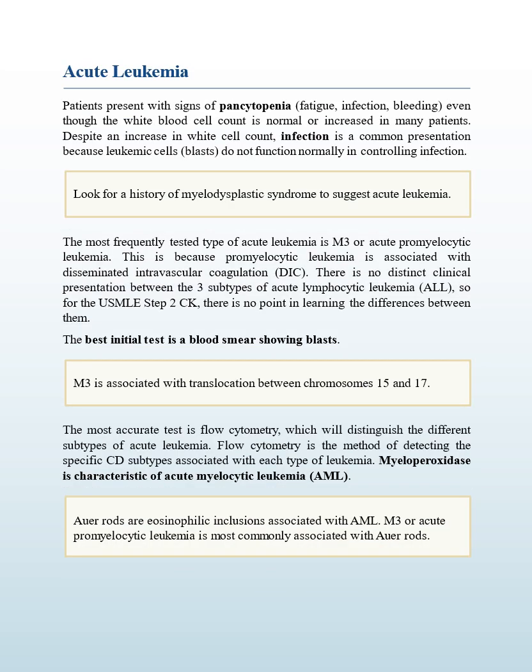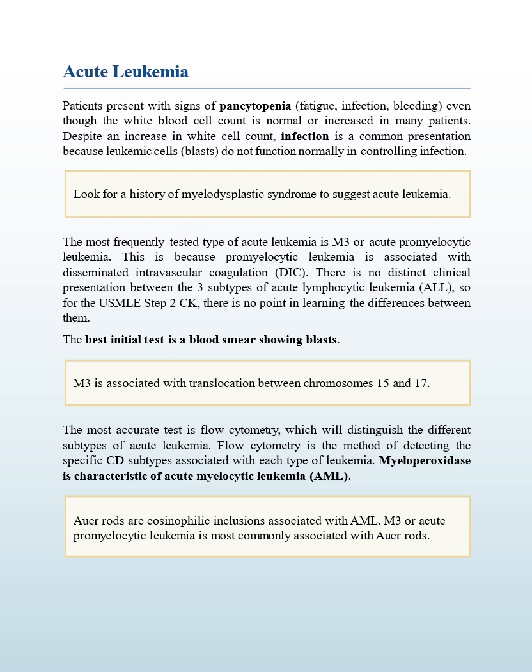Slide 34, we will discuss acute leukemia. Usually patients with acute leukemia present with signs of pancytopenia. Usually they have fatigue, infections, and bleeding. The white blood cell count may be normal or increased in many patients.